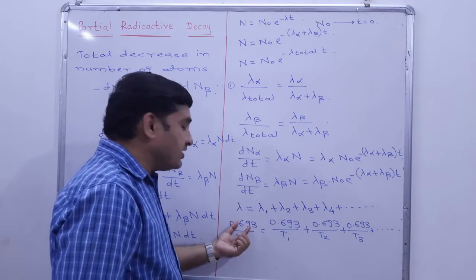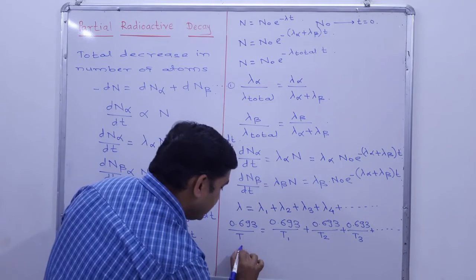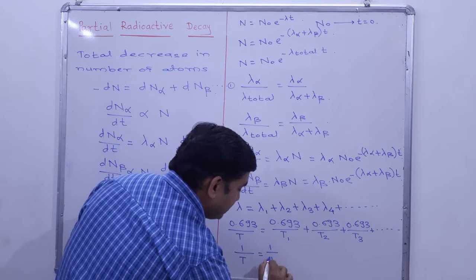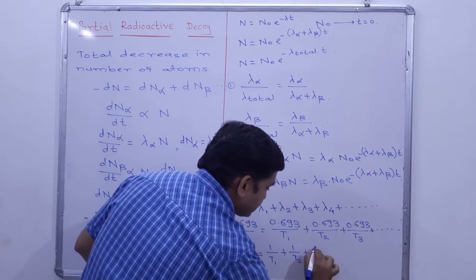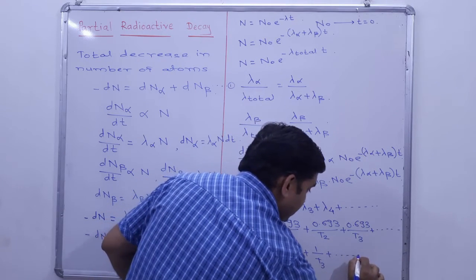When we take 0.693 common and cancel it from both sides, we get 1 upon T is equal to 1 upon T1 plus 1 upon T2 plus 1 upon T3 and so on.